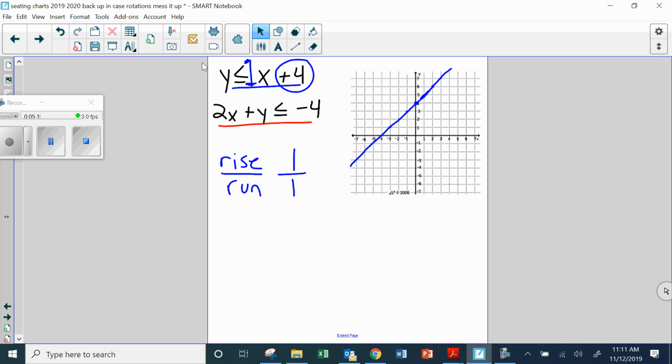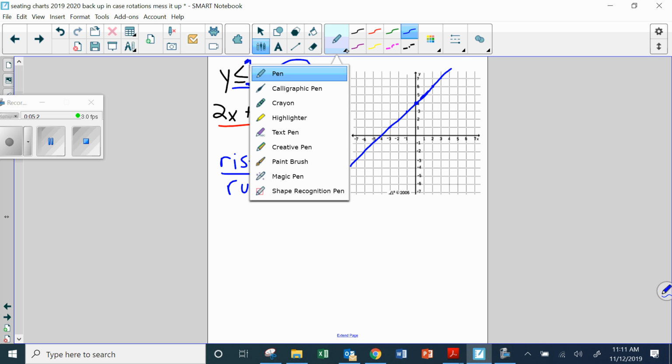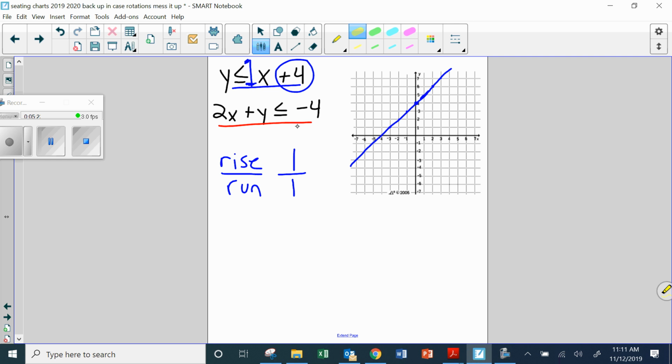Well, in this particular equation, it says y is less than or equal to. Less than means below. Remember we talked about that at length? If I'm saying less than, and again, the key is y has got to be all by itself in order to use this method.